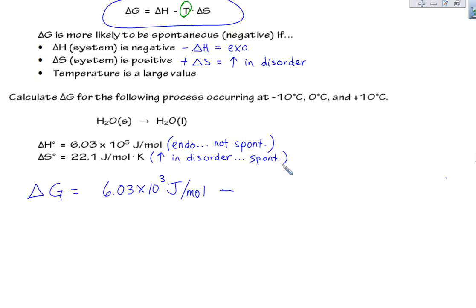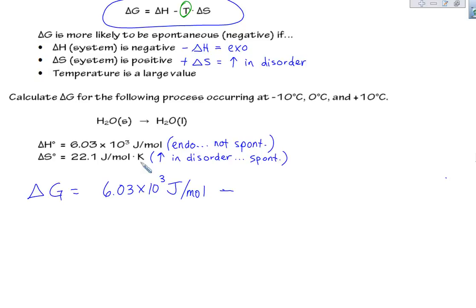So let's see what we got here. Temperature. Common mistake number 1. Look at these units. Joules per mole and joules per mole Kelvin. Often our temperature is given in Celsius, so you will need to switch them from Celsius to Kelvin.